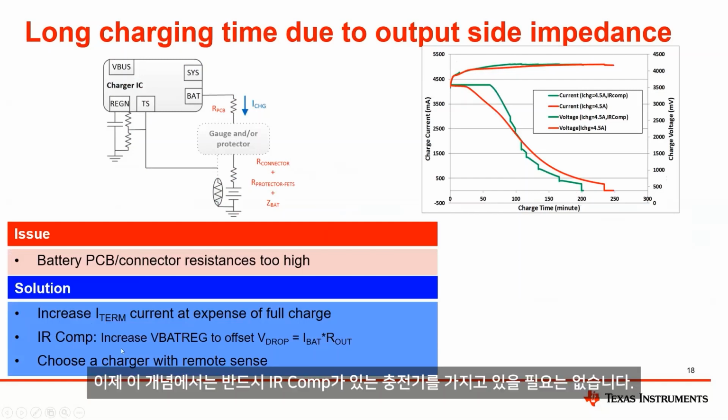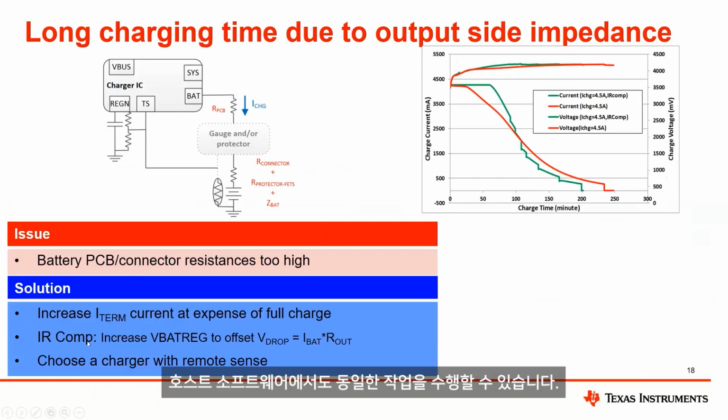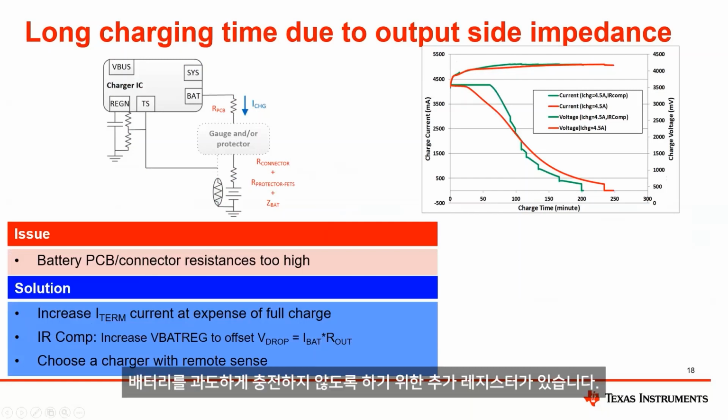Now this concept, you don't necessarily have to have a charger that has the IR comp. You could do the same thing with host software, but our device actually does have a sort of an extra register to make sure that you have an extra protection and that you don't end up overcharging your battery.